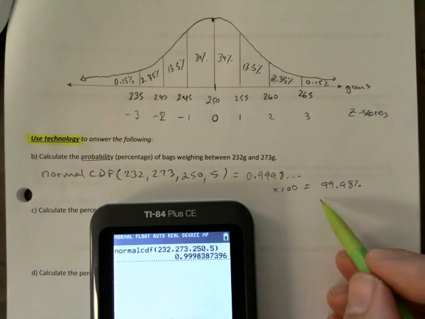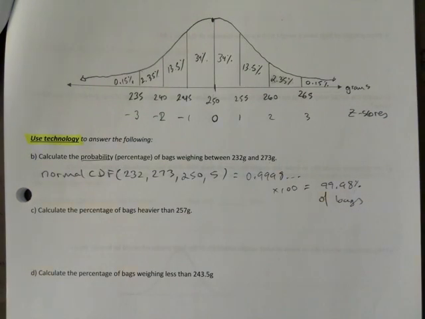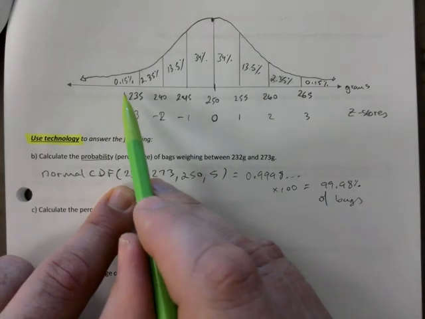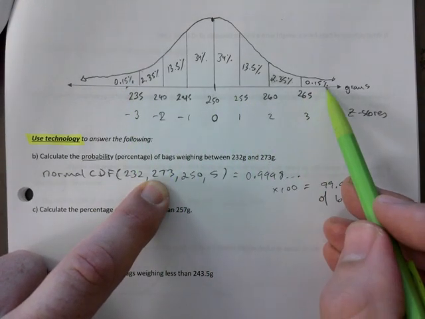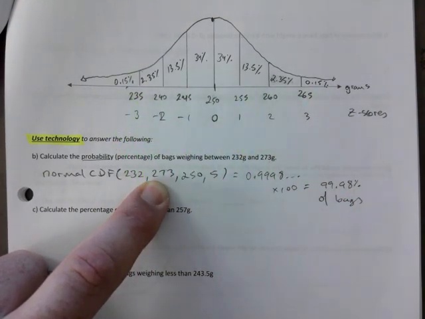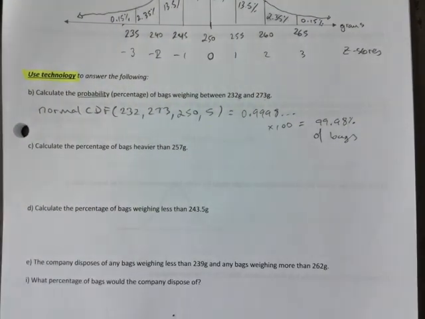Okay. Does that make sense? That's almost all bags, isn't it? So let's go look. 232 is somewhere over here. And 273 is somewhere way over here. So it is almost the entire curve. So it makes sense that it's almost 100%. Okay. So that's why I want that graph there.